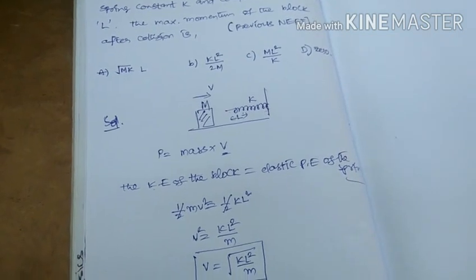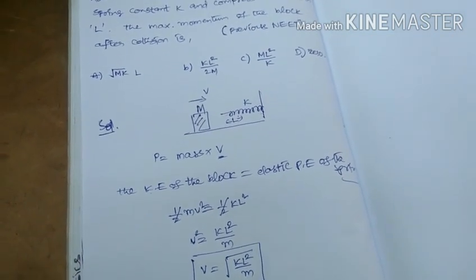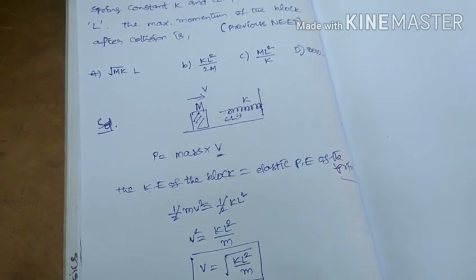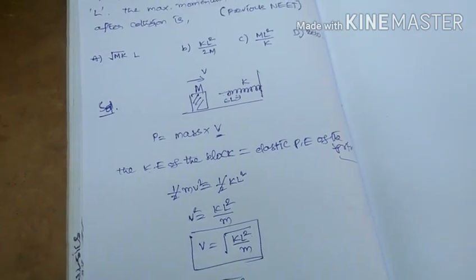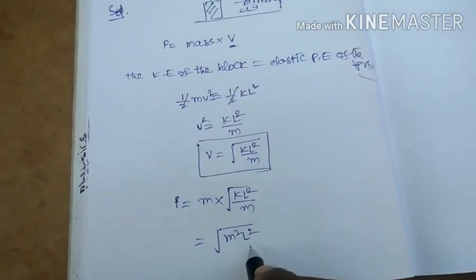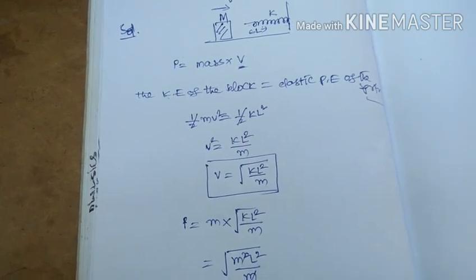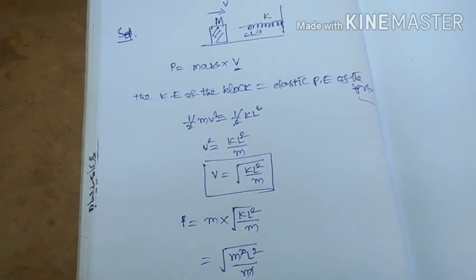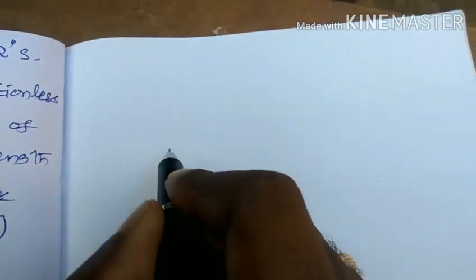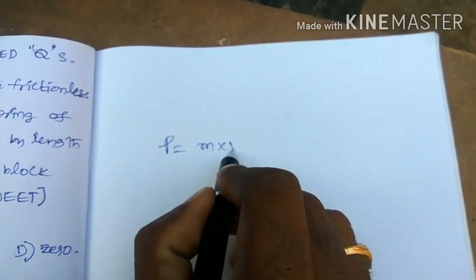For the momentum, P is equal to mass into velocity.